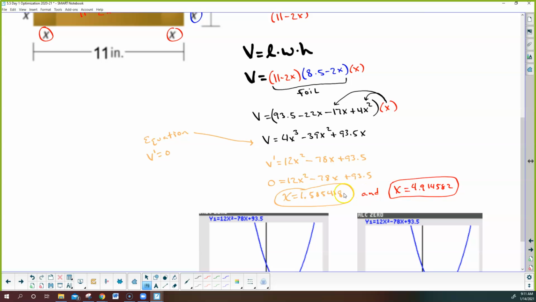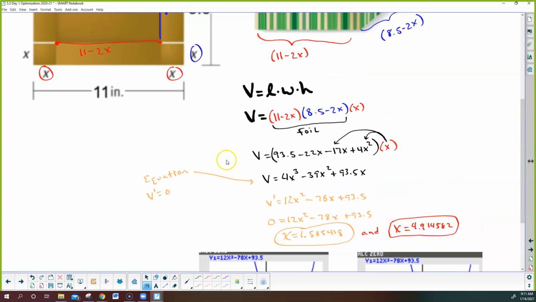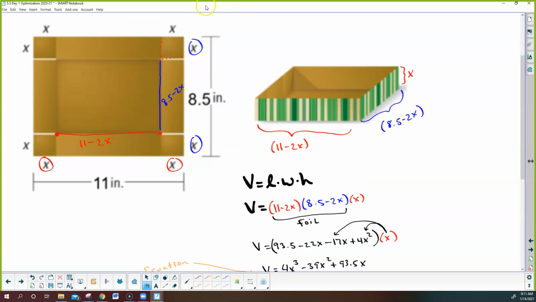So if x is 1.5 something or 4.9 something, well, I can cut 1.5 inches and still be okay for this side and cut, because if I cut 1.5 here and 1.5 here, I only lose 3 inches of the length. If I cut 1.5 here and 1.5 here, I lose 3 inches, and that's okay.